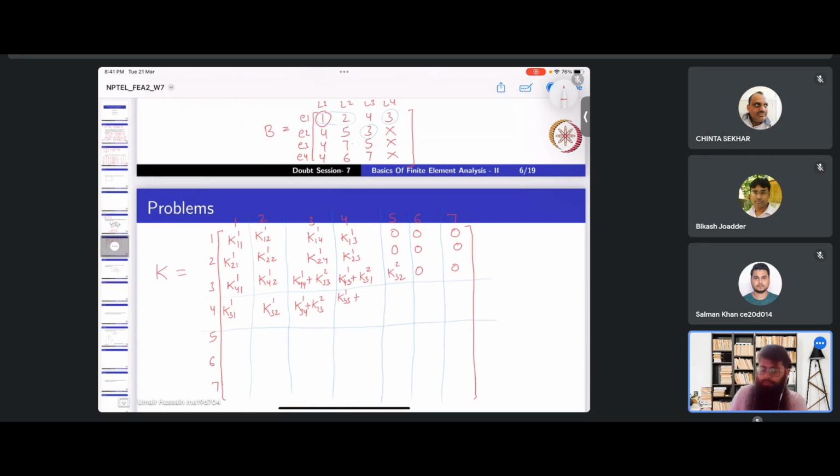Whereas 4 is in element 2 also, you see here. So it's in element 2 and the local node number is 1, right? And what about element 3 and 4? Is it there in 3 and 4?